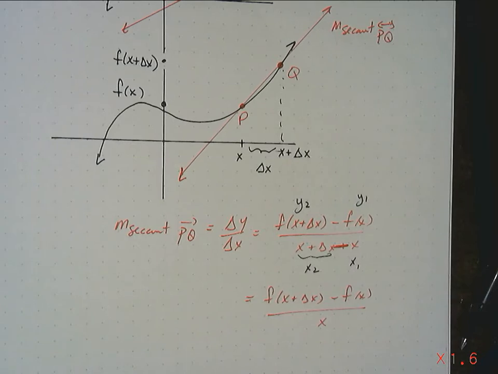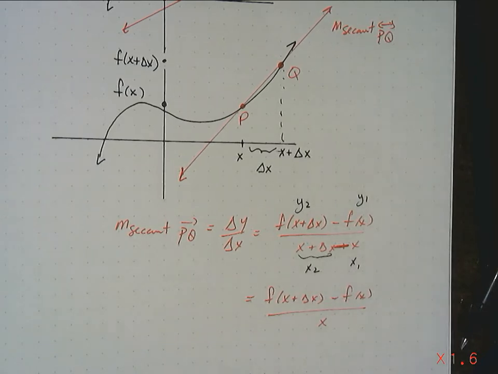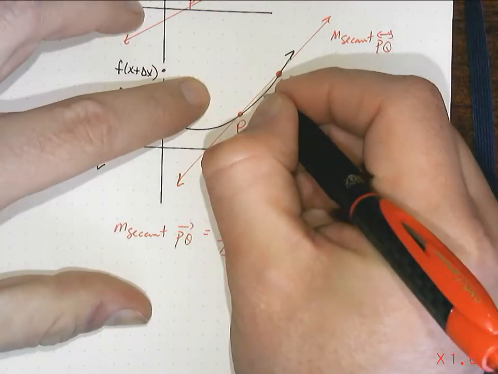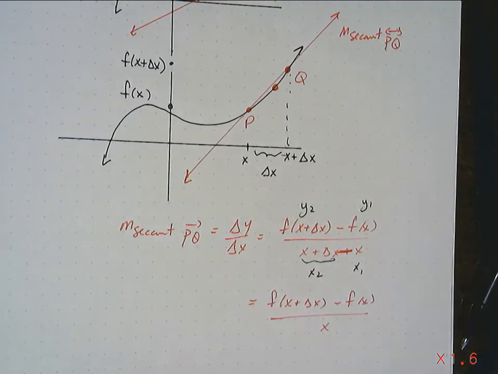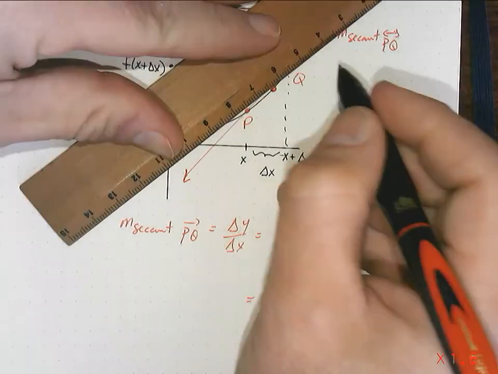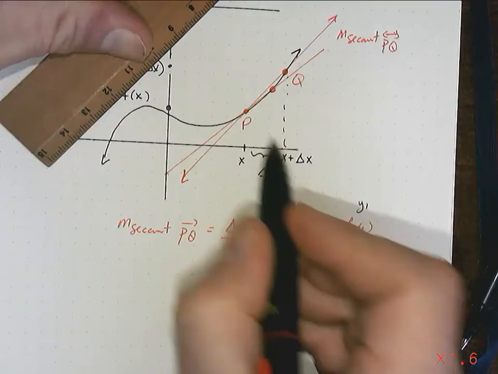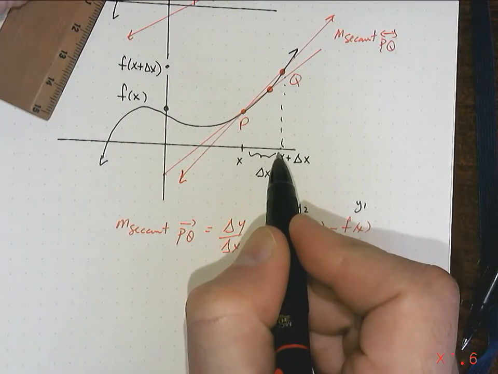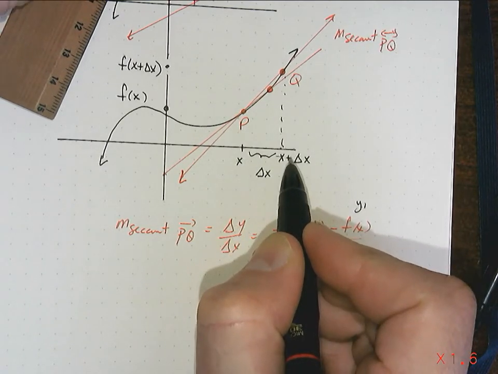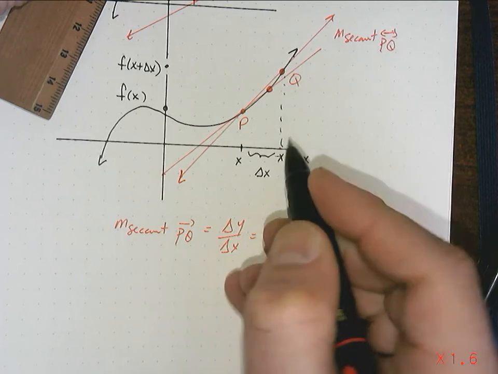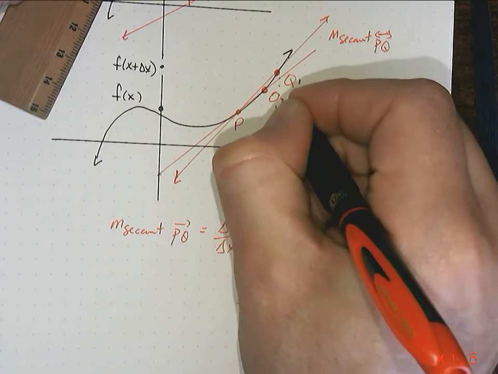So what we do to try to solve this problem is we start bringing Q closer and closer and closer to P. So we move Q. And by moving Q, what you're doing is you're changing the distance between x and our new point, our new delta x. So this will be Q1, and we'll call this Q2.